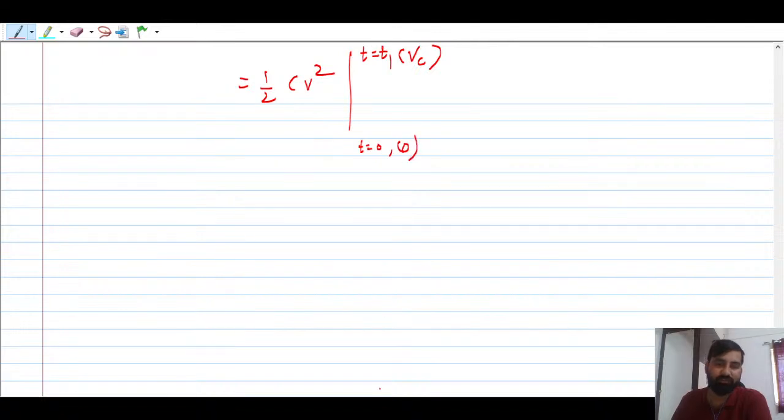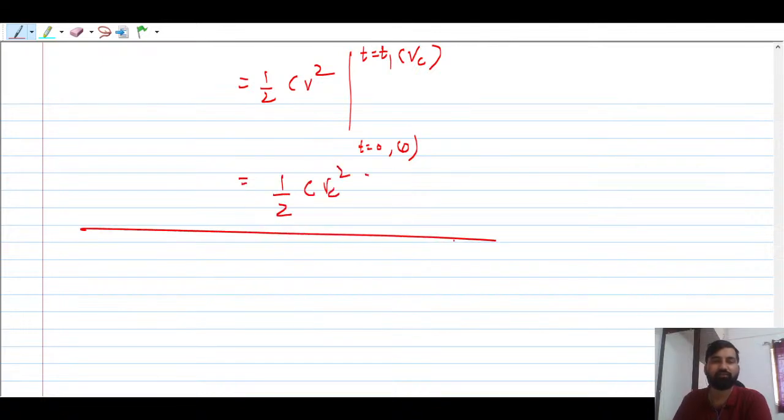You will get 1 by 2 C v square, evaluated at t equal to 0 and t equal to t1, where the voltage is Vc. At t equal to 0, the voltage is 0 only. So this is very important: it is going to be 1 by 2 C Vc square, simple.